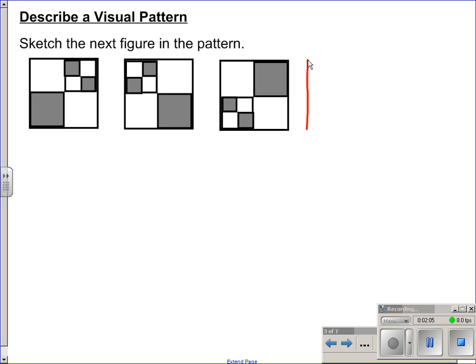So the next one should just be a square. There's your four smaller ones. The key thing to notice is that the small square with the 4 started in the upper right, now it's in the upper left, lower left, now it should be in the lower right.